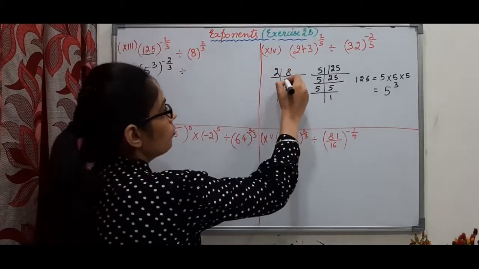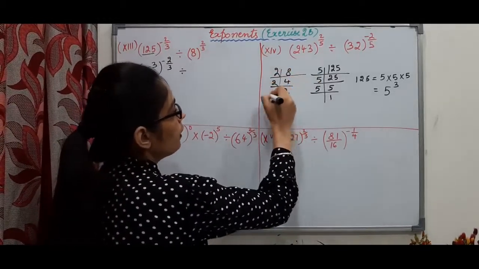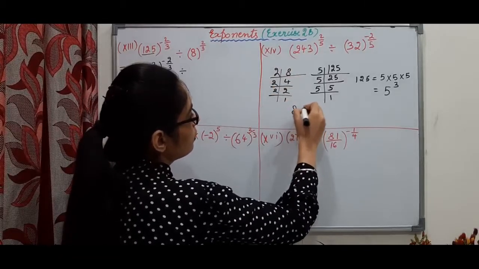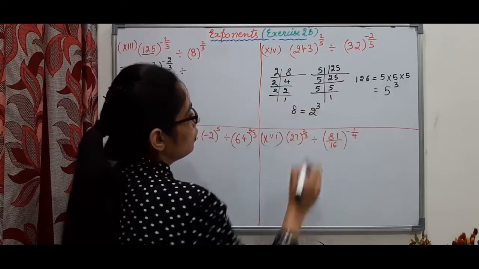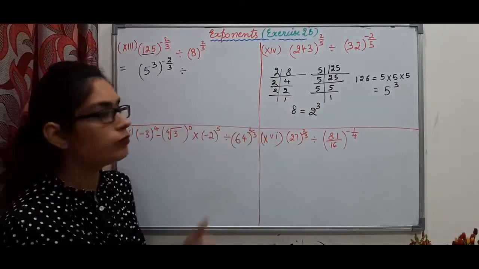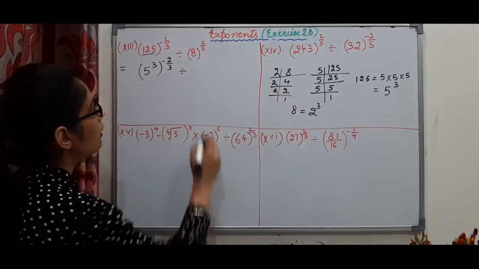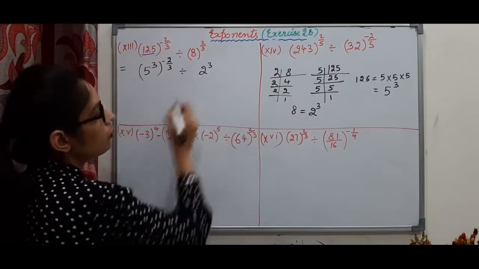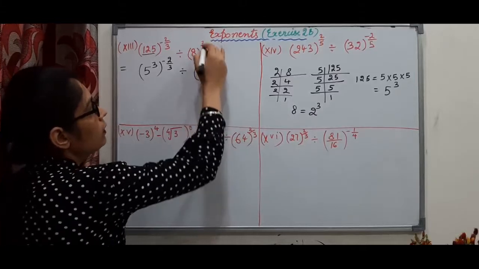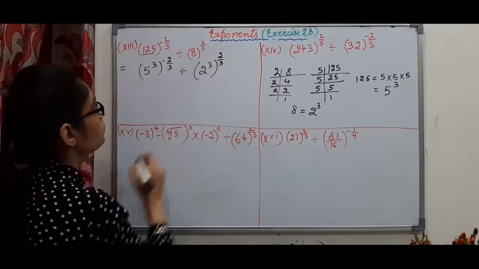So 2 into 4, 2 into 2 and 2 into 1. So 8 in exponential form is 2 to the power 3 because 2 is getting multiplied to itself 3 times. So in place of 8 I have written 2 to the power 3, bracket, this power as it is.